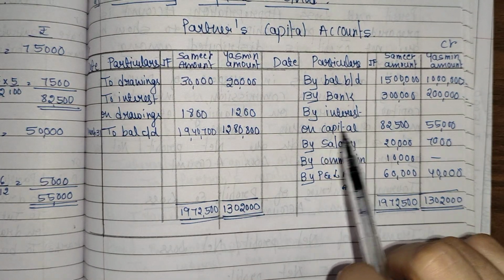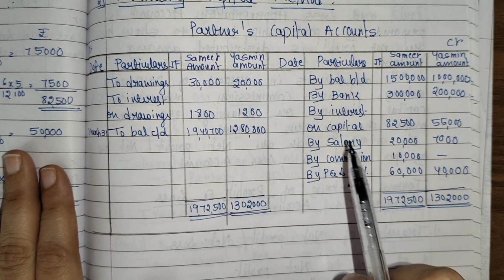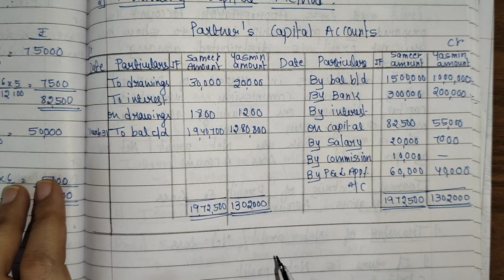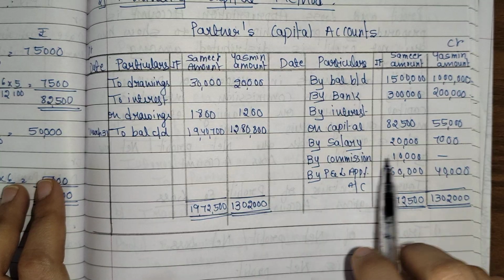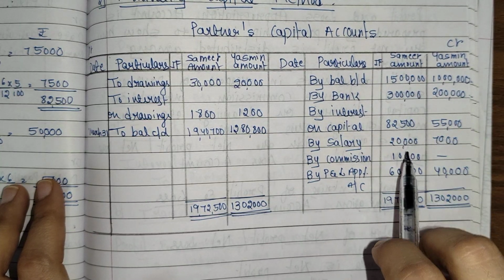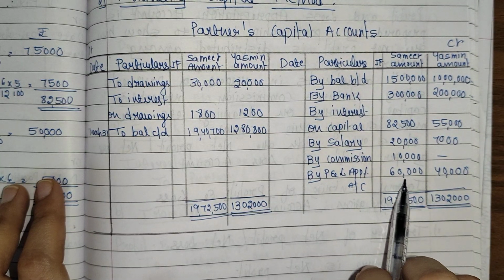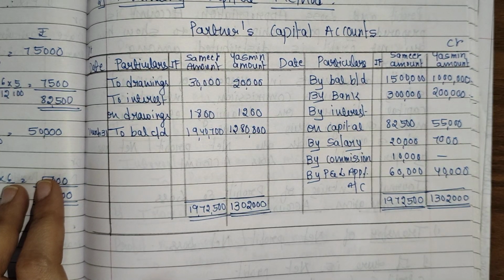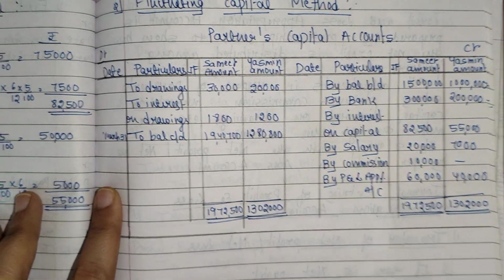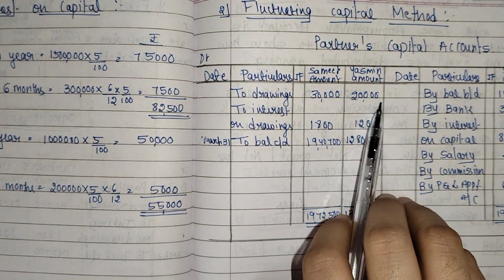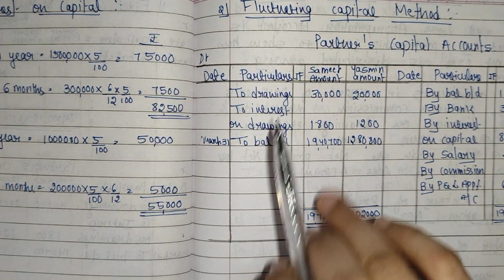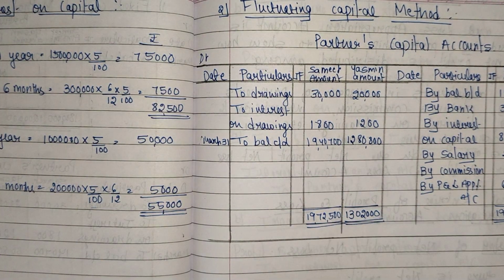Interest on capital we have already calculated here, right? 82,500 and 55,000. Salary 20,000, 7,000. By commission 10,000 only to Samir, and by profit, how much? 60,000 and 40,000 to Yasmin. Clear? Now here on the debit side all the withdrawals: to drawings 30,000, 20,000. To interest on drawings 1,800 and 1,200.